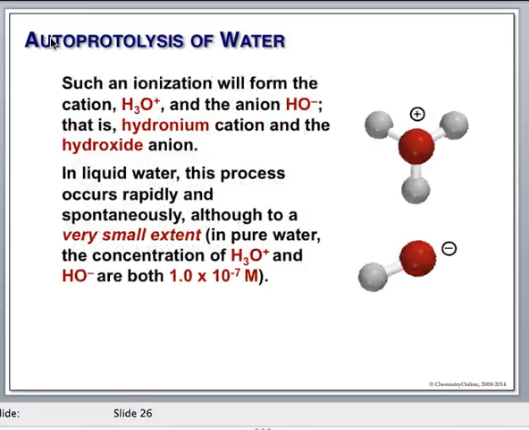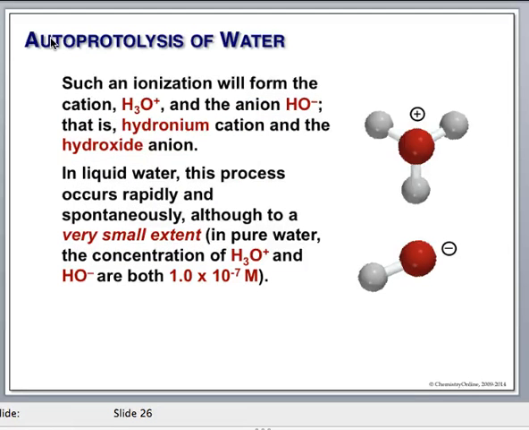Now we'll see that this autoprotolysis is a very important thing. And this number, 10 to the minus 7 molar, is also going to be very important to us. But the point I want you to take away right now is that in pure water, at 25 degrees centigrade, the concentrations of hydronium and hydroxide are both 1 times 10 to the minus 7 moles per liter.